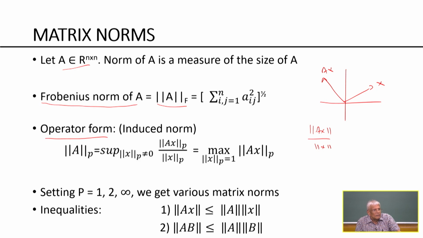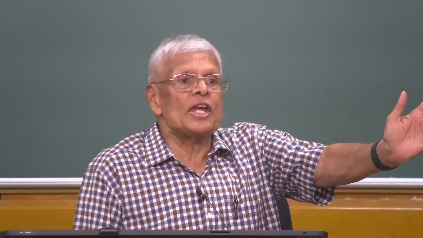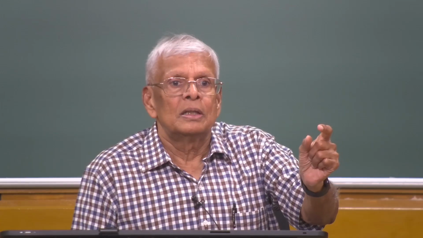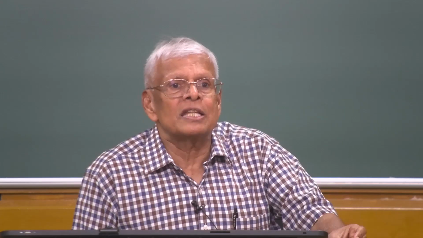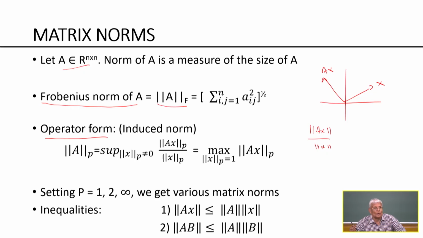With me? So what is that? That's a scaling factor. Notwithstanding the rotation, what is the magnification suffered by the vector x when you multiply by the matrix A? So the ratio of norm Ax to norm x tells you the impact of A on x. Everybody?